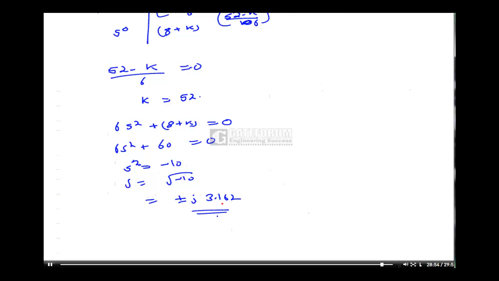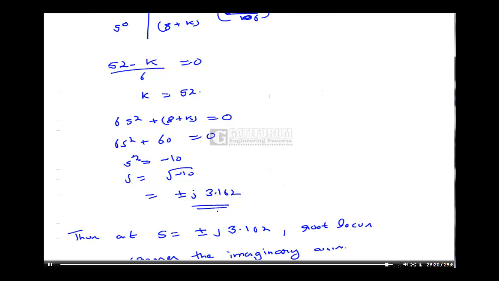So at this value of s, the root locus crosses the imaginary axis, at s equal to plus minus j 3.162.